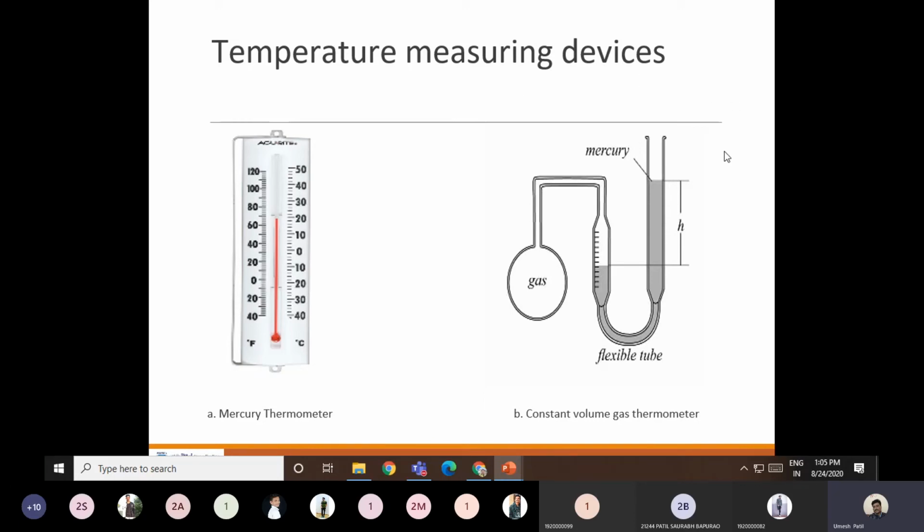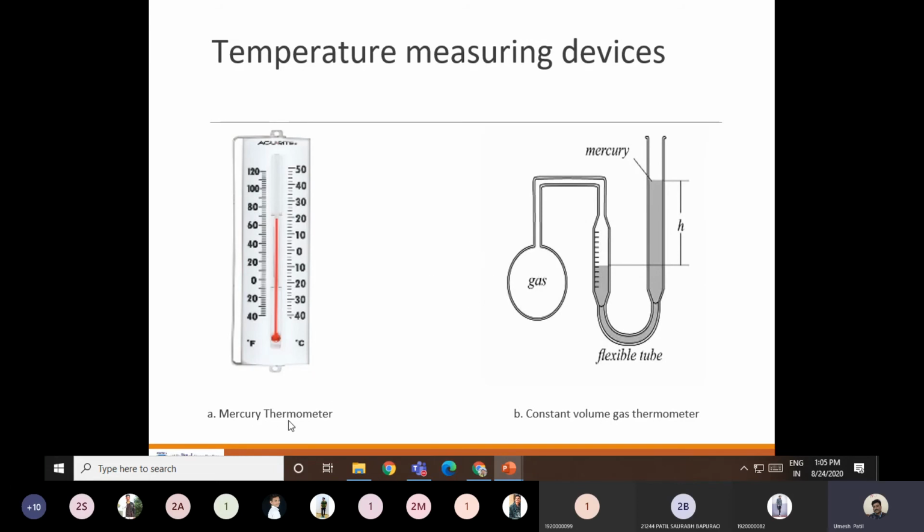So what does zeroth law of thermodynamics tell? Can anybody tell me what is zeroth law of thermodynamics? We just learned zeroth law of thermodynamics. If two bodies are in thermal equilibrium with each other, and if we bring a third body, then all these three bodies are in thermal equilibrium with each other.